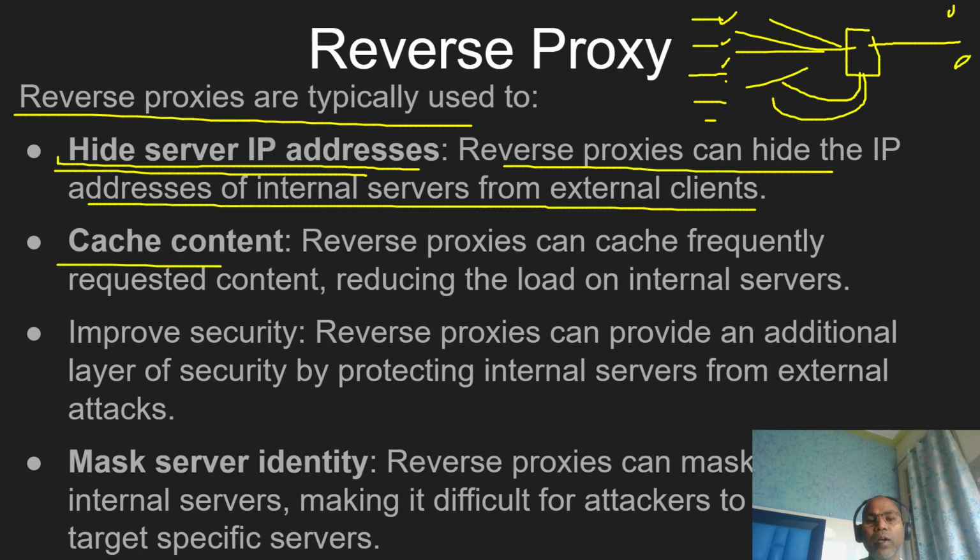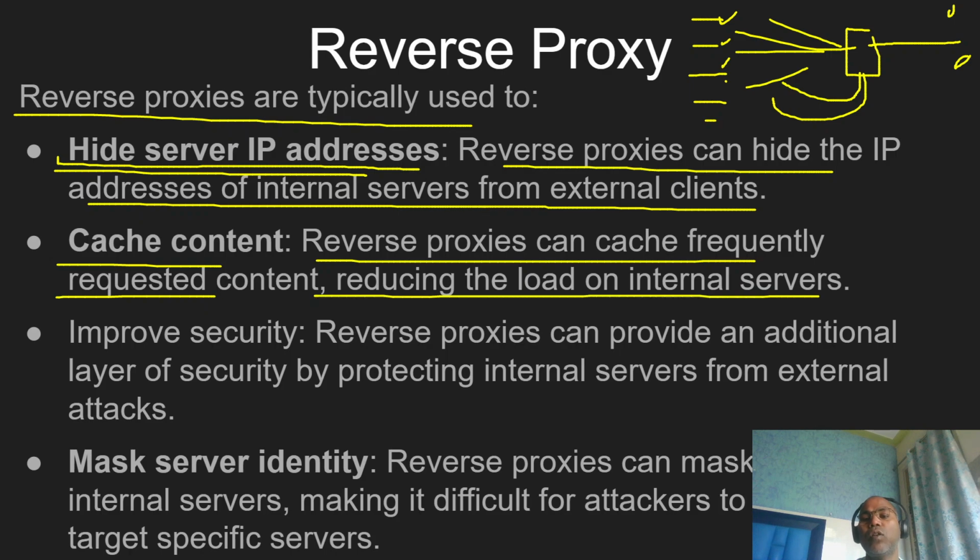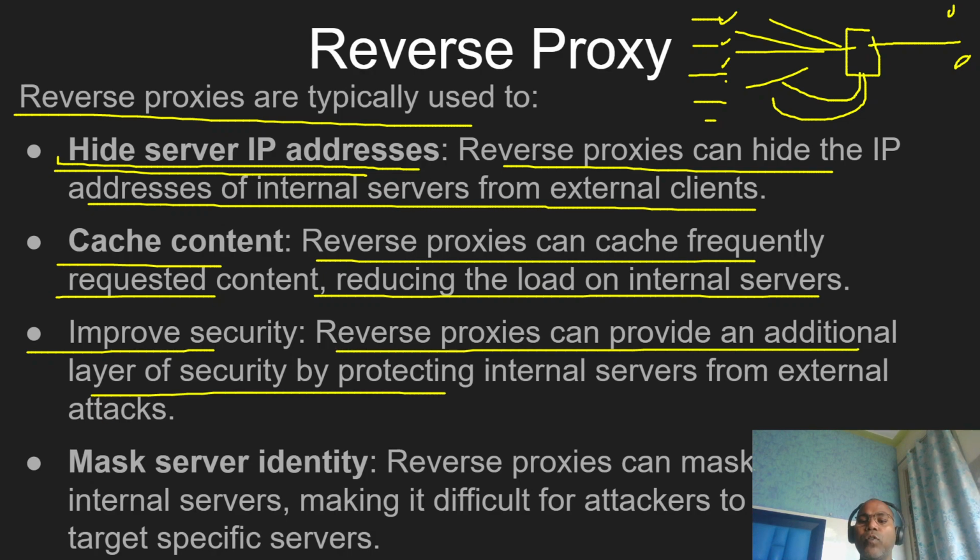Surely you want to implement caching. A reverse proxy can cache frequently requested content and reduce the load on your internal servers. So for caching your content and responses, and improving security, the proxy can provide an additional layer of security by protecting your internal server from external attacks. And maybe mask server identity. I do not want to expose my server directly to the customer.